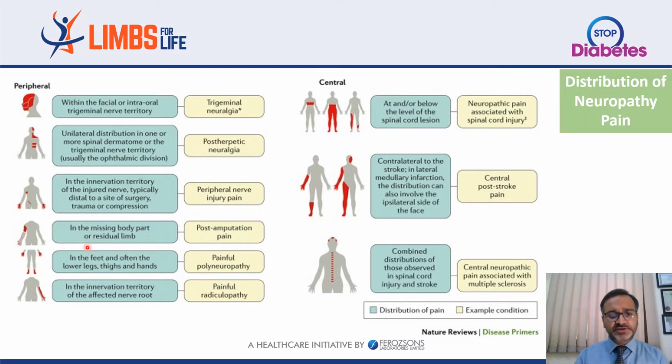Post amputation pain, as the name suggests, is pain after amputation in the missing body part, the residual limb. It is also called stump pain, phantom limb pain, phantom limb sensation. All are classified as post amputation pain. Painful polyneuropathy mostly affects the peripheral nerves.